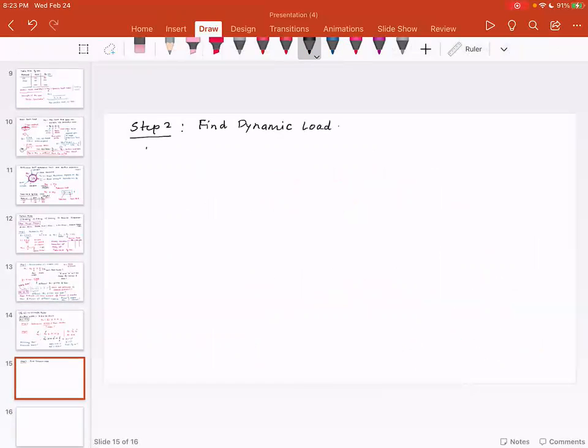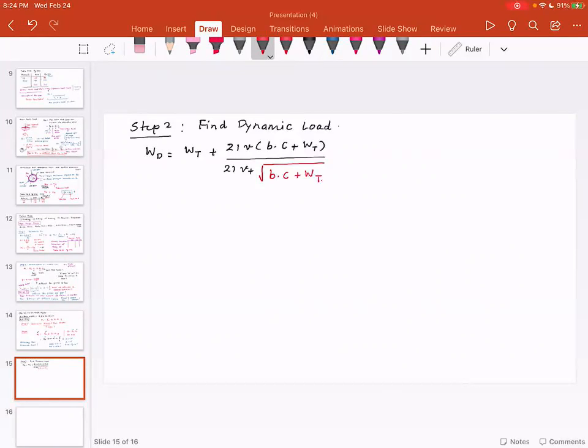And dynamic load is WD, which is WT that we know from the earlier equation, plus, remember this Buckingham equation, 21V times (BC plus WT) divided by 21V plus square root of (BC plus WT).